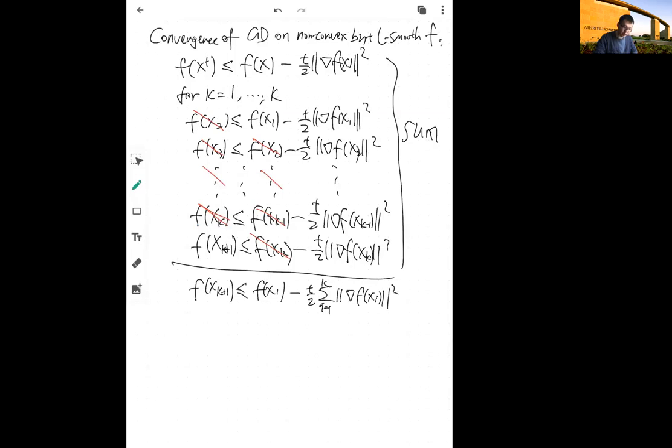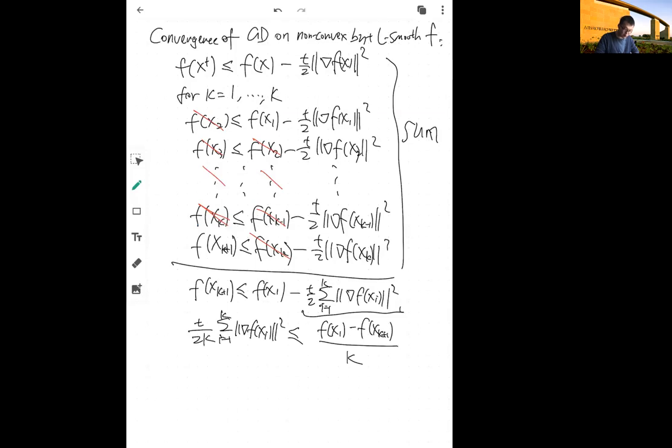squared, right? So now let's move the sum of the gradients to the left-hand side and then divide both sides by k, right? So you get t over 2k, sum of i from 1 to k, gradient of f(xi) squared, is smaller than f(x1) minus f of x(k+1), over k.